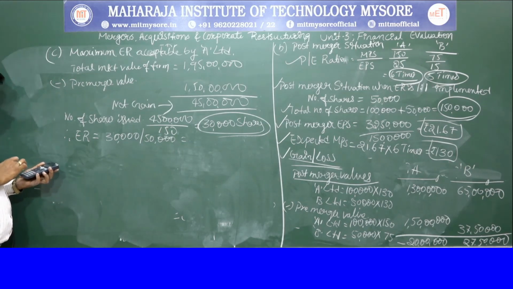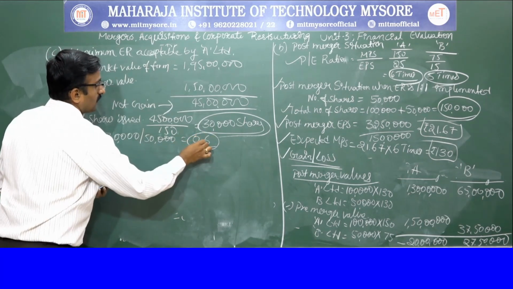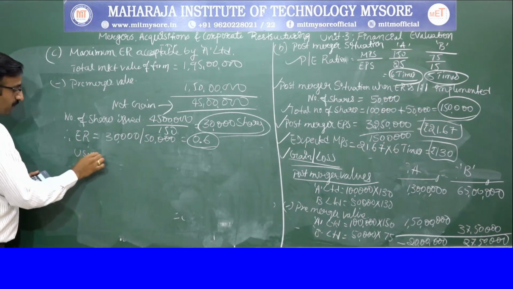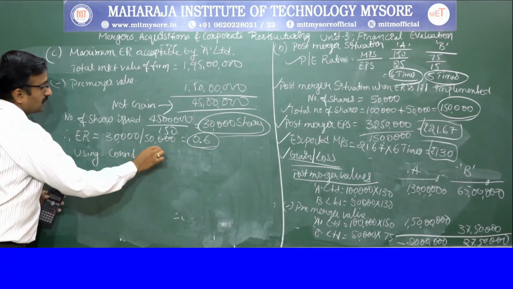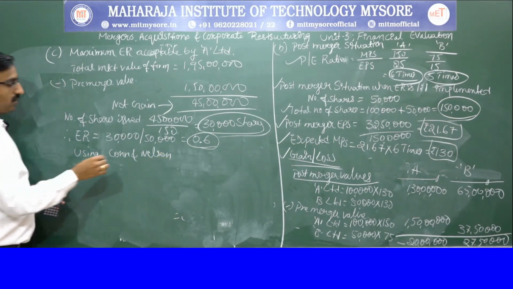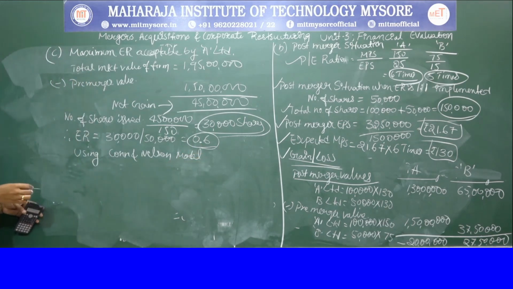Divided by 50,000, you will get 0.6. Then, by using the Kohn and Nelson model, let us find out the values.